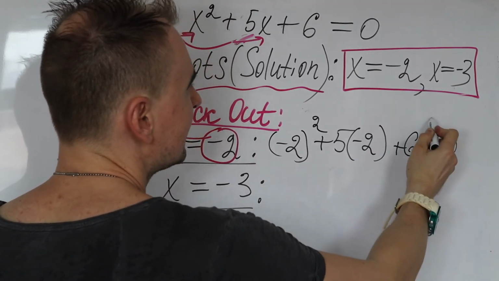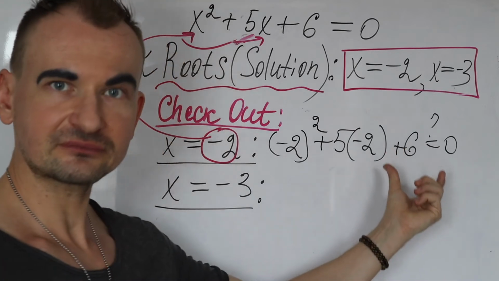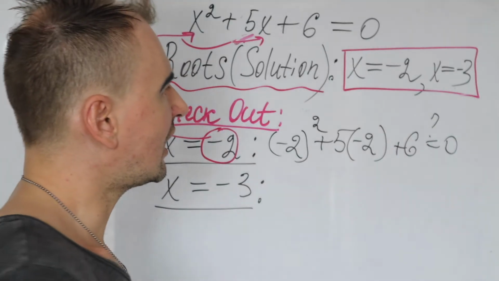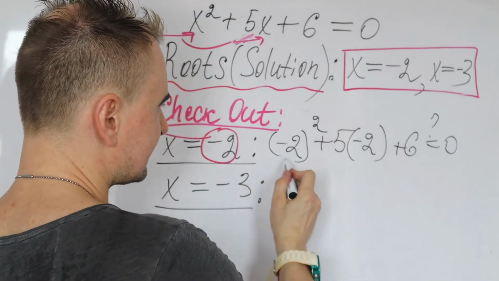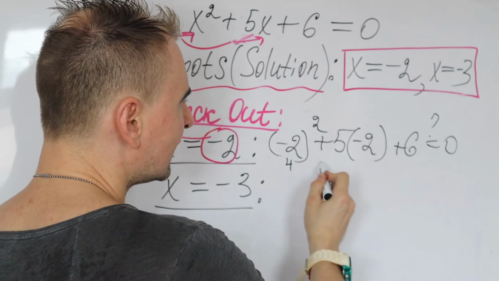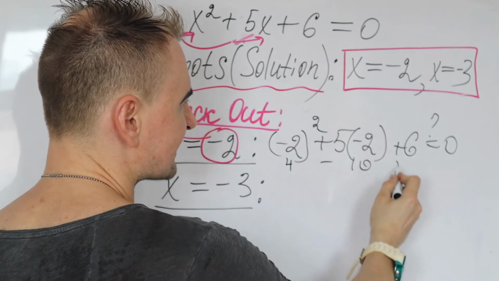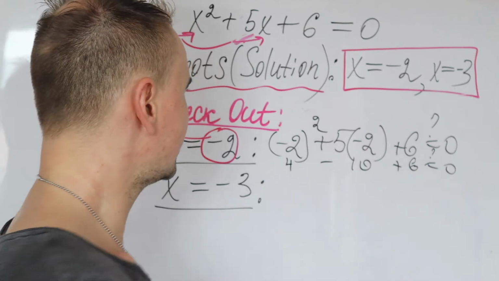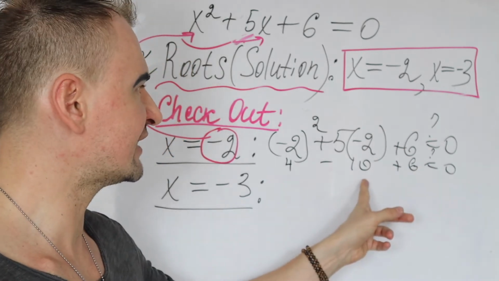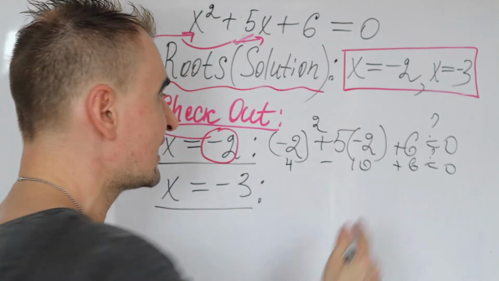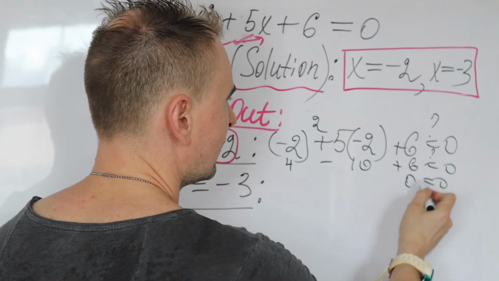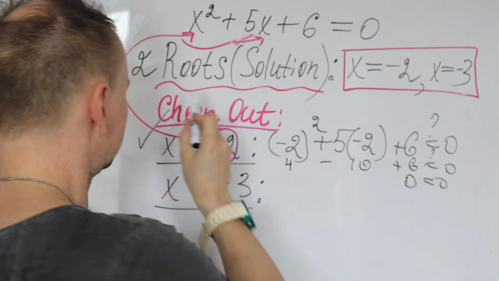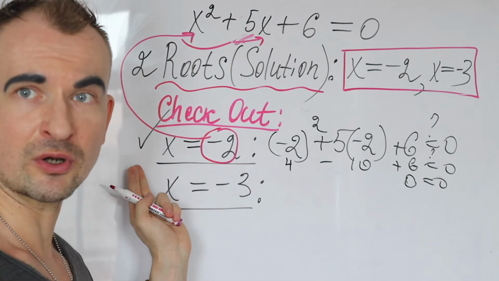Just check if it equals 0. So this gives you 4 minus 10 plus 6. Just check it. So here it's negative 6 plus 6 gives you 0. So it checks out. It does work.